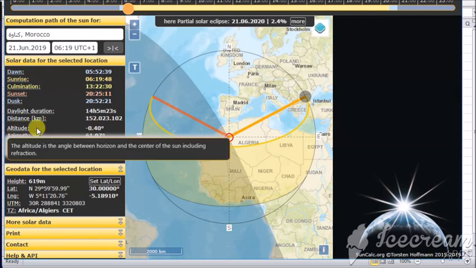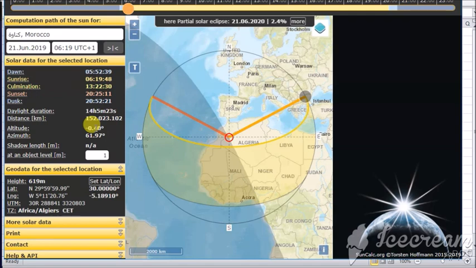But notice also when you do this on suncalc.org, this is the sunrise here. When you click the sunrise, this is the information. The altitude is minus 40, so this is not the physical sun because of refraction.